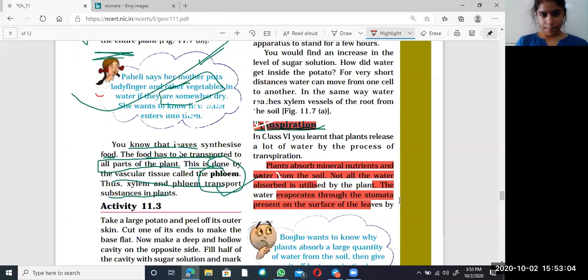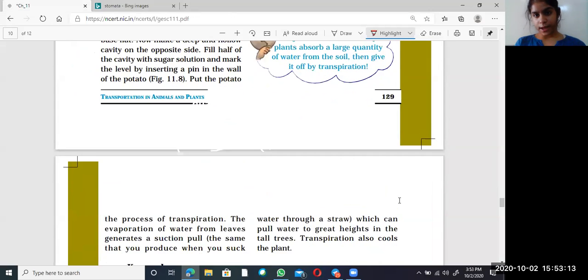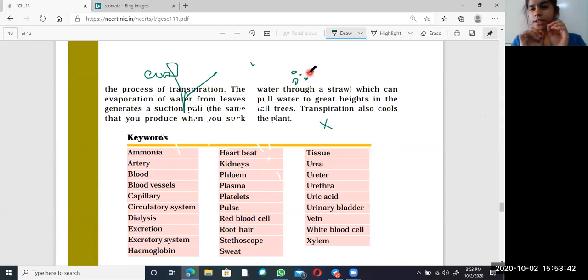Now when a plant evaporates water from its stomata, you will find some water vapors, some droplets on the leaf.